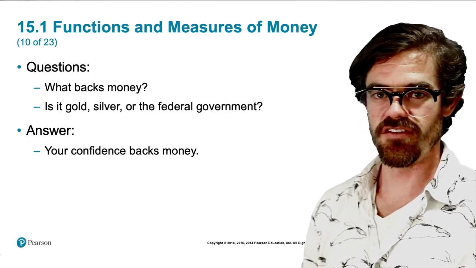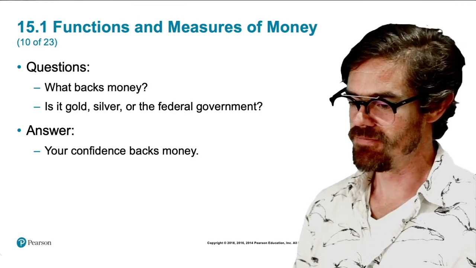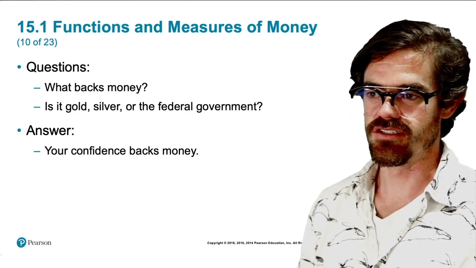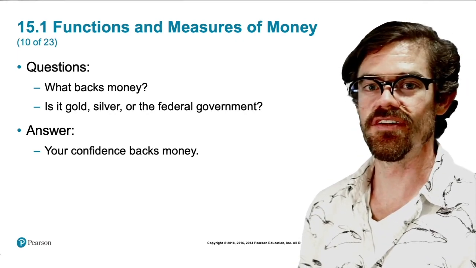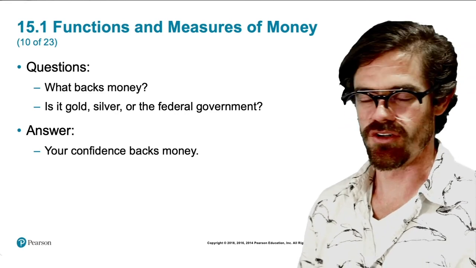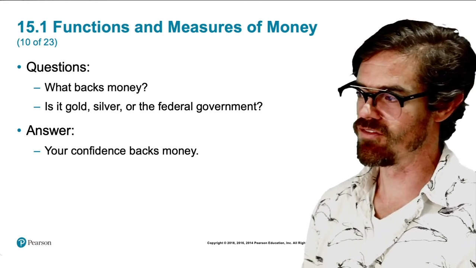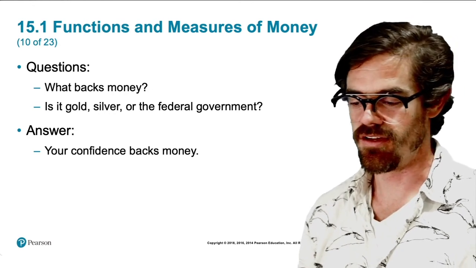And so it's actually a fiduciary currency. There's nothing else that backs our currency. So if tomorrow all of a sudden no one had any confidence in the value of a dollar, it would basically be worthless. You couldn't trade it for gold. The government wouldn't give you any sort of payment for it in terms of any other asset.